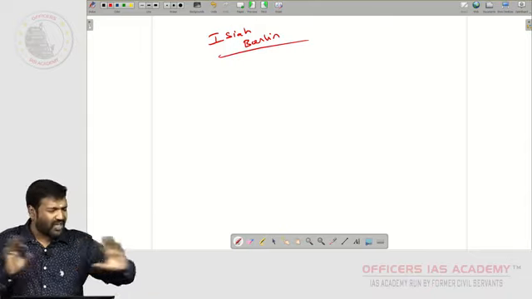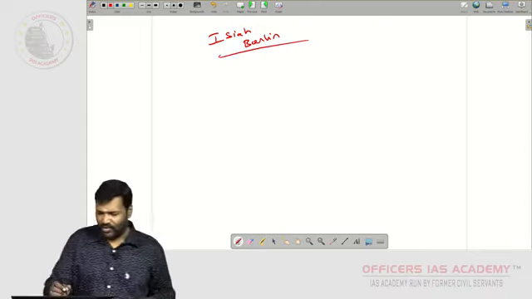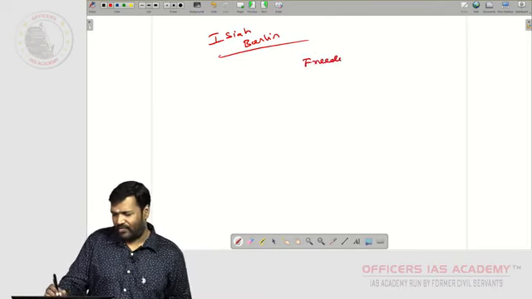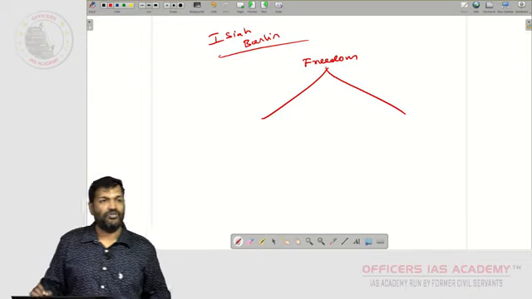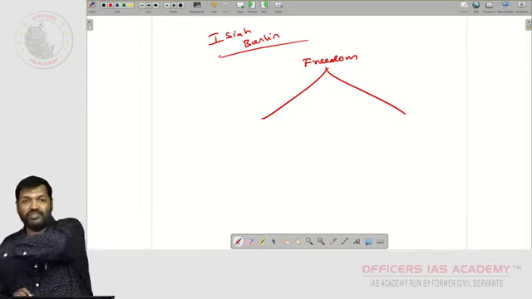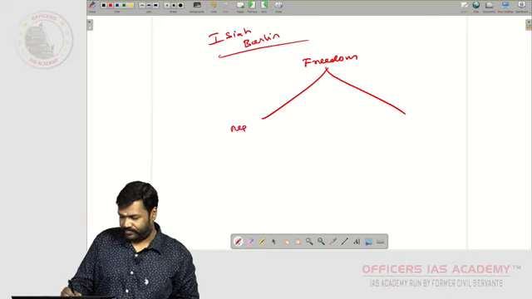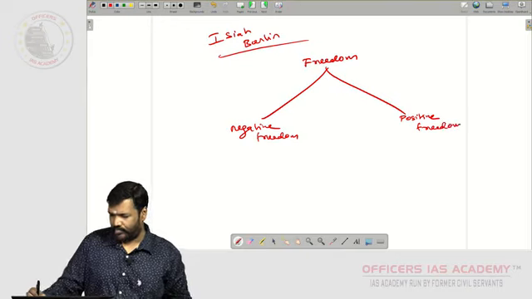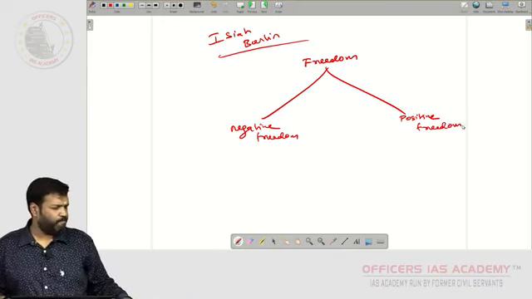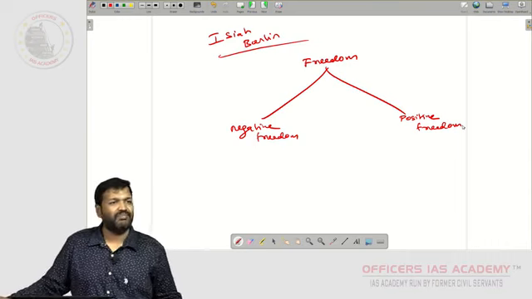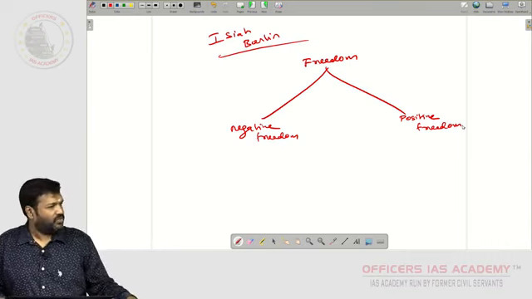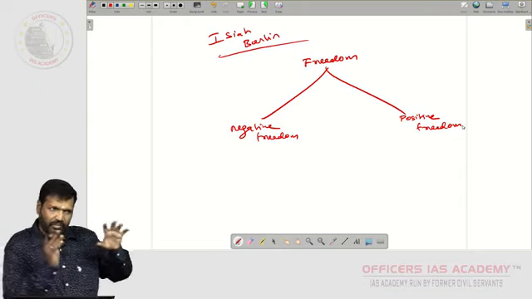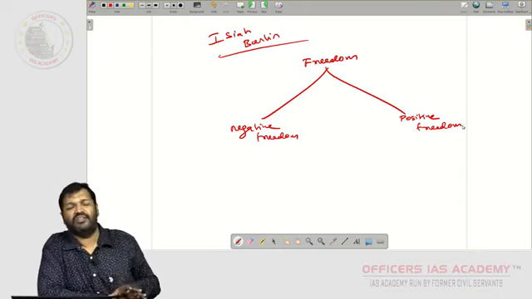Okay. So how does Isaiah Berlin classify freedom? According to Isaiah Berlin, freedom is classified into negative freedom and positive freedom. Or you can put it as liberty, negative liberty and positive liberty. Understood? Negative liberty one side, positive liberty other side.